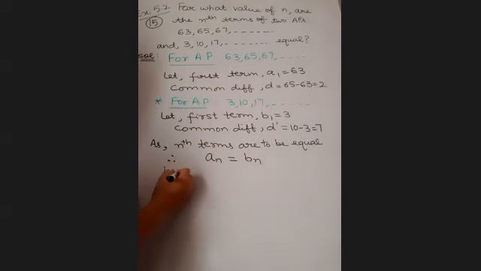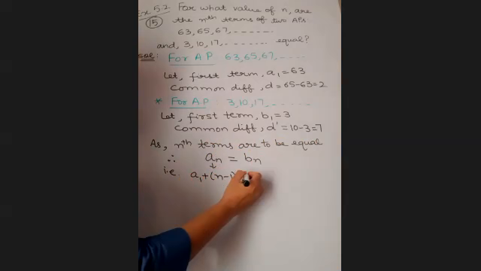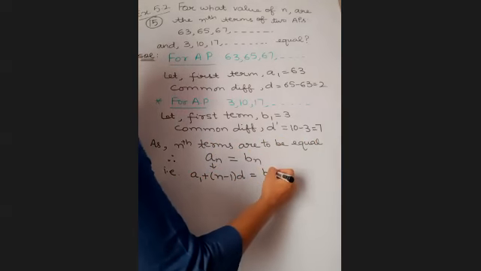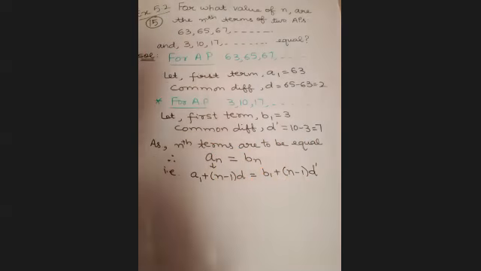That is, now what is an? A1 plus n minus 1 d, and bn is B1 plus n minus 1 d dash. All right, beta, put the values carefully.